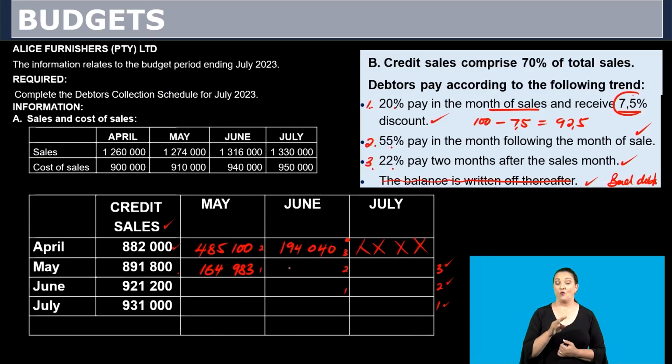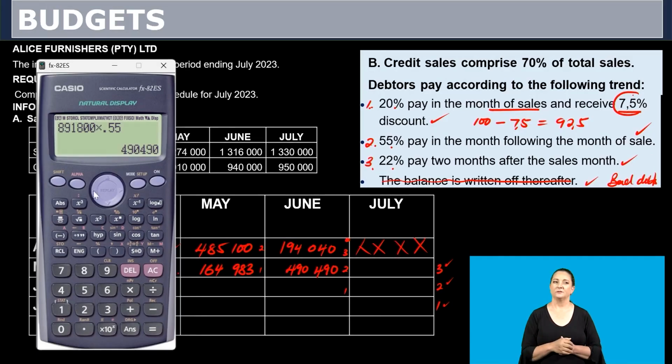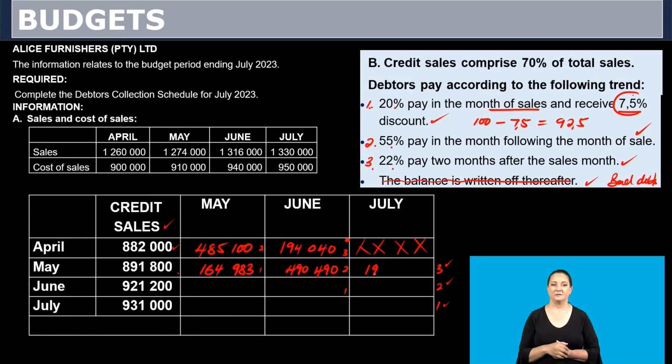That is 490,490. Then on the same amount, I get number 3 now. Number 3 is 22%, multiply by 22. That's going to be 196,196. So it's 196,196.